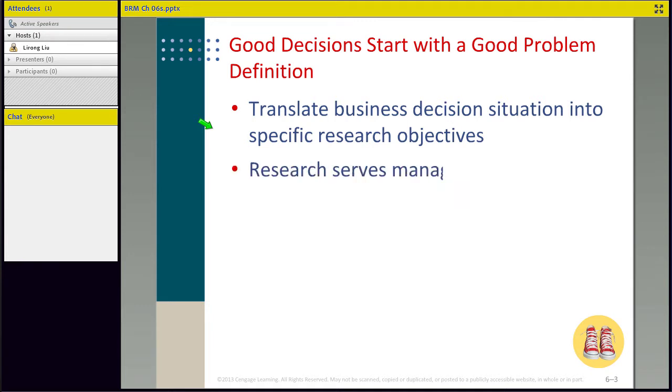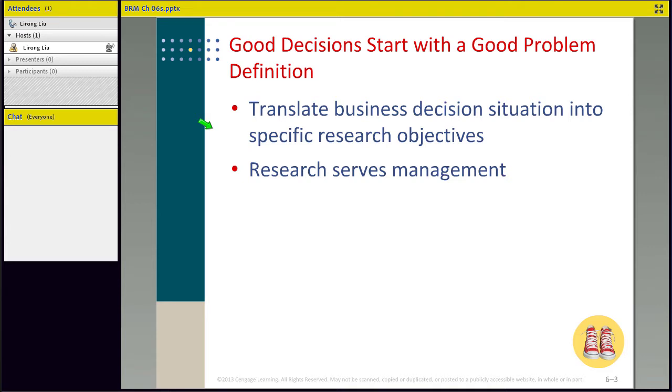now after all, the research serves management. So between the management and the researcher, there should be several conversations trying to really shape up the real problem and the real decision that the management wants.